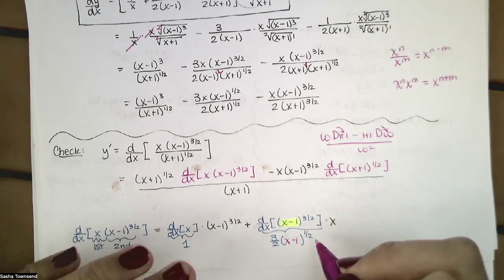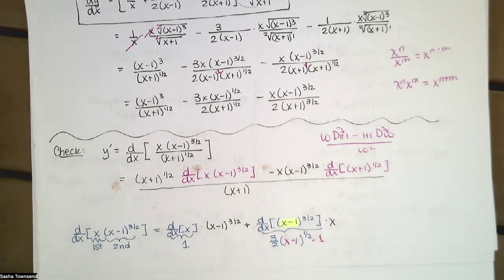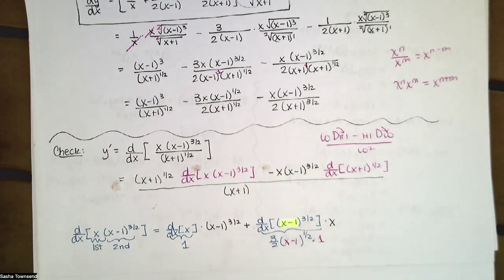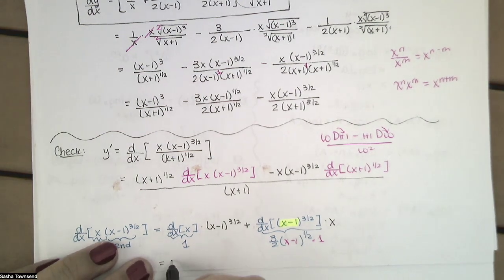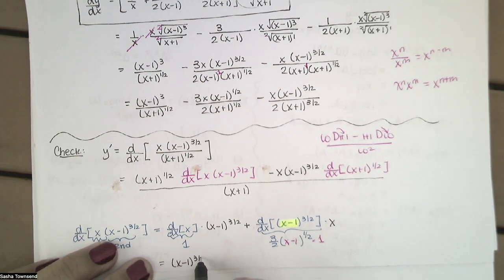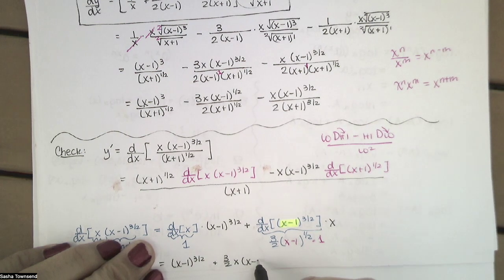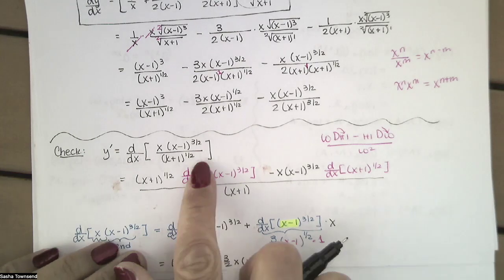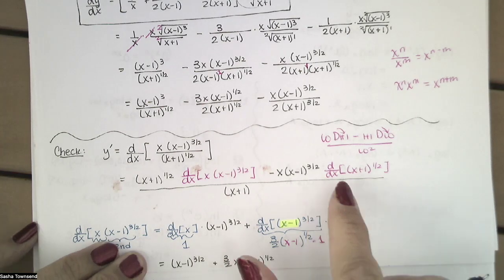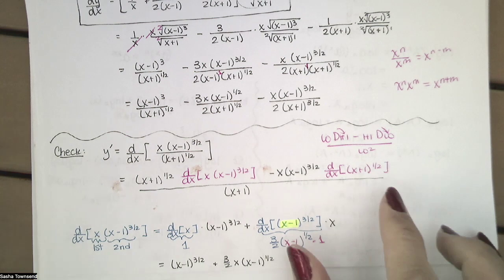Derivative of the inside in this case is 1, so we just get a 1 there. So the derivative of this product is x minus 1 to the 3/2, and then we've got plus 3/2 times x minus 1 to the 1/2. That's what's going to go there. And then the derivative of that requires the chain rule.